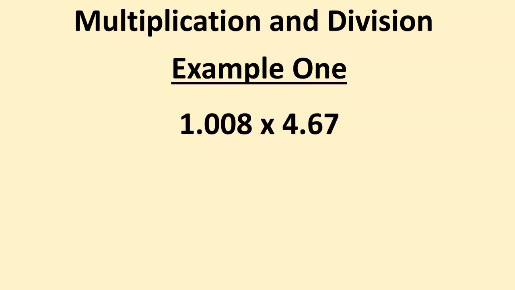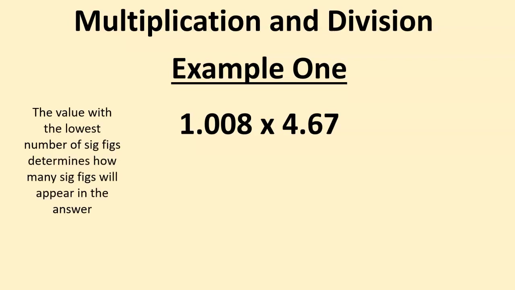1.008 times 4.67. Well, the value with the lowest number of significant figures is going to tell you how many significant figures you're going to have in your answer. So if you look at the first number, this number has 4 significant figures. And then the second value we've been given has 3 significant figures. So let's plug it into our calculator. We get 4.70736.